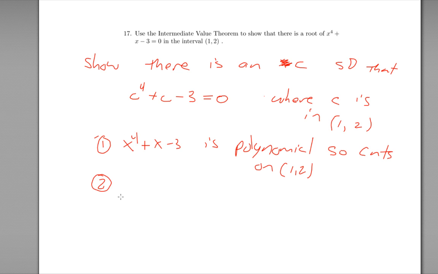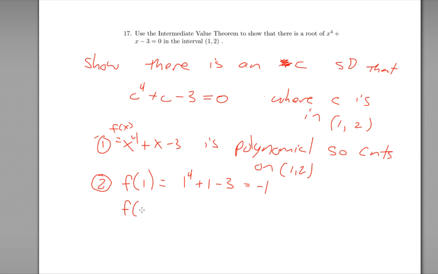Second thing, if I let f of x equal this, so f of x is this function, what is f at 1? F at 1, when we plug in our values, we get 1 to the fourth plus 1 minus 3, that equals negative 1. So f of 1 is negative 1.